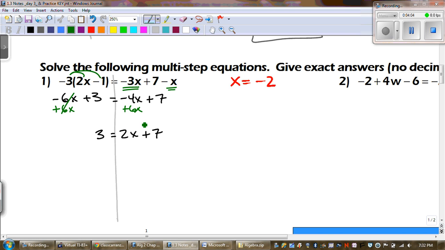We do that because now we've got a positive variable, and when we subtract, we get -4 equals 2x. Divide both sides by 2, and then we get -2 equals x.